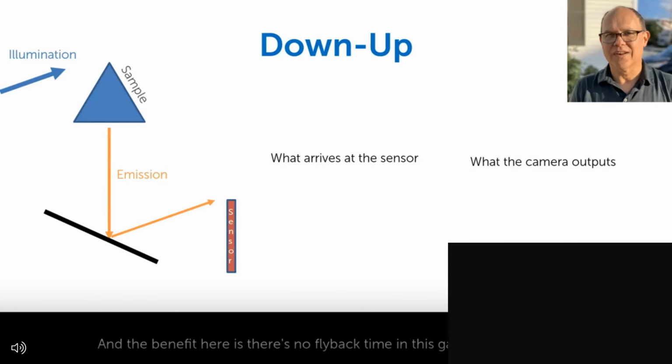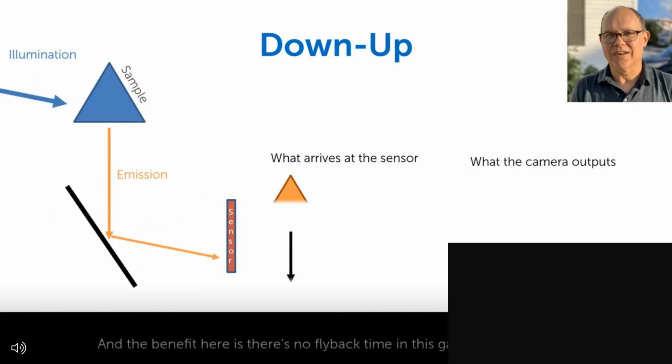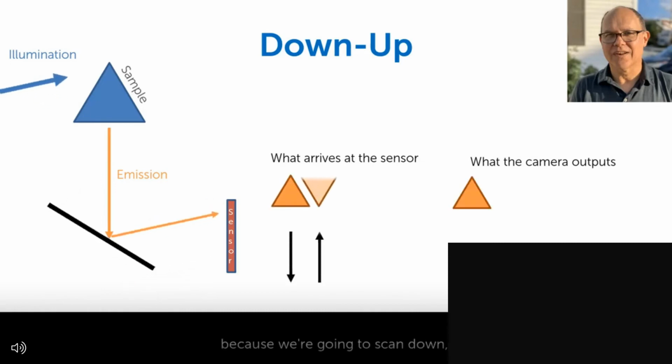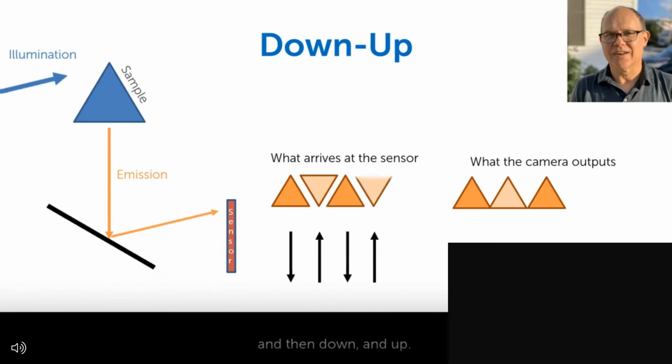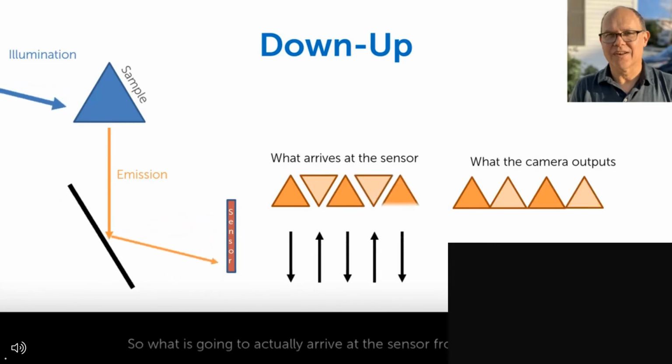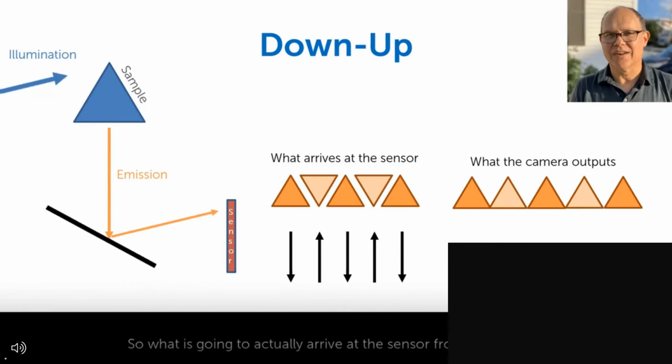The benefit here is there's no flyback time in this galvo we've got here, because we're going to scan down and then up and then down and up. So what's going to arrive at the sensor from your image are a series of inverted images, but the camera knows what it's doing here. What the camera is going to output is going to flip every other image so that you don't have to do that after the fact.